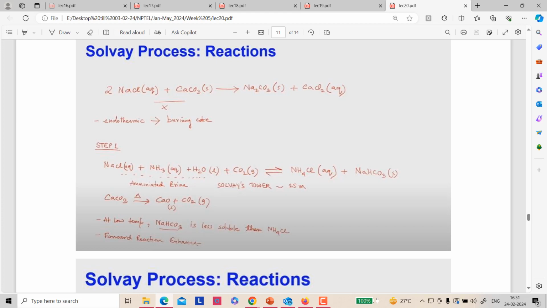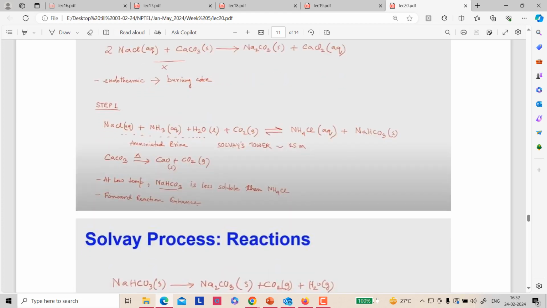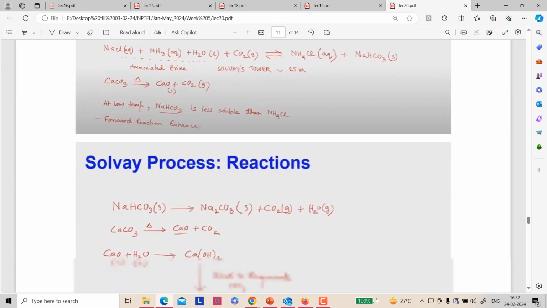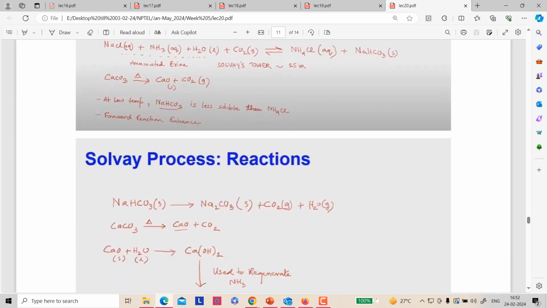In another reactor, CaCO3 is heated to produce CaO and carbon dioxide. Now this already produced NaHCO3 gets heat and produces Na2CO3. So again Na2CO3 is produced, and carbon dioxide and water are produced.